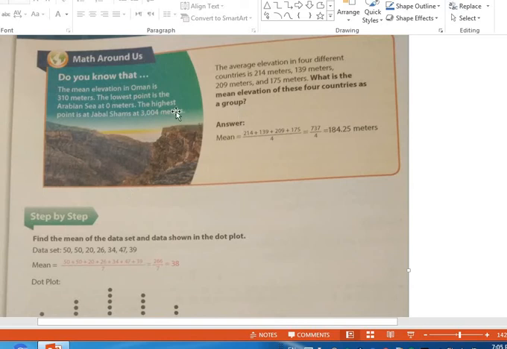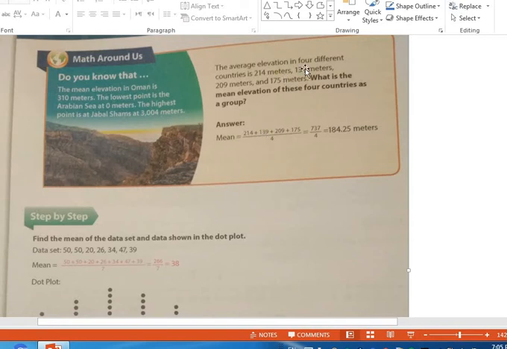Do you know that the mean elevation in Oman is 310 meters? The lowest point is the Arabian Sea at 0 meters. The highest point is at Jabal Shams at 3004 meters.